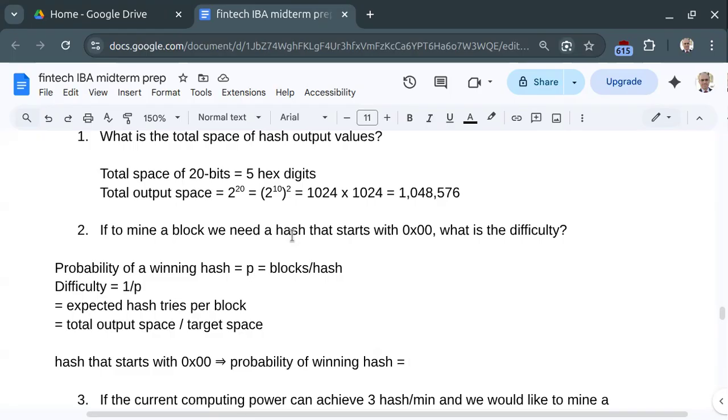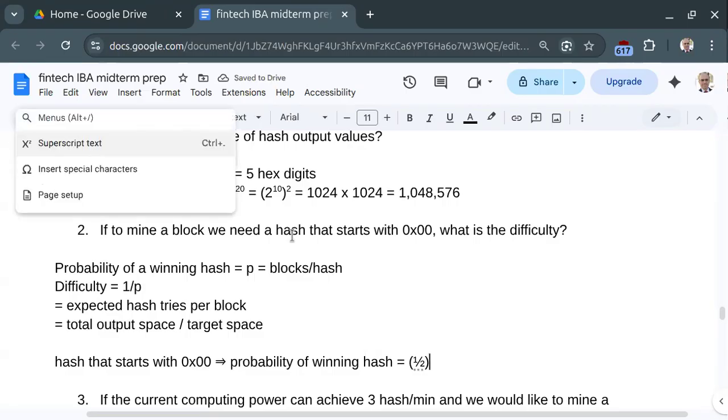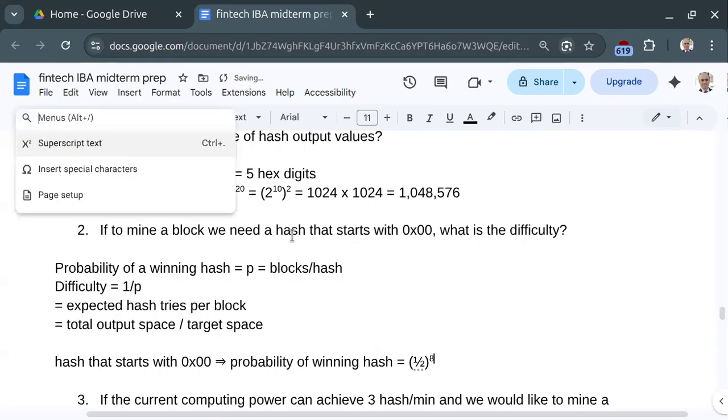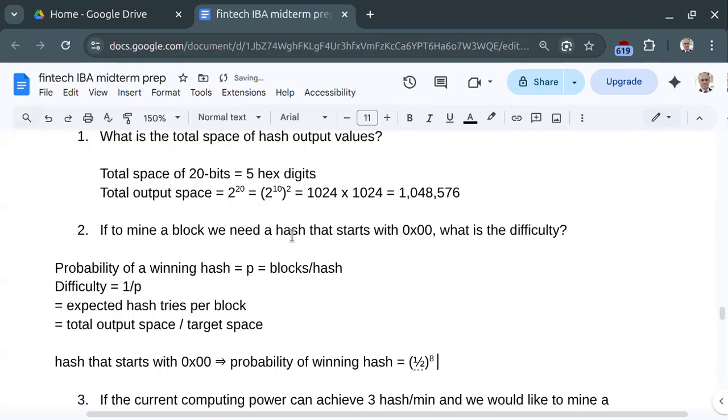So probability is 1 divided by 2 to the power of 8, and that is 1 divided by 256.